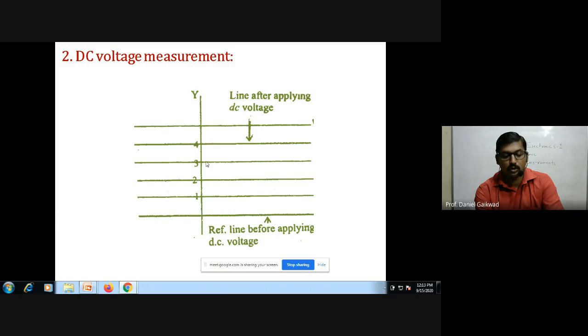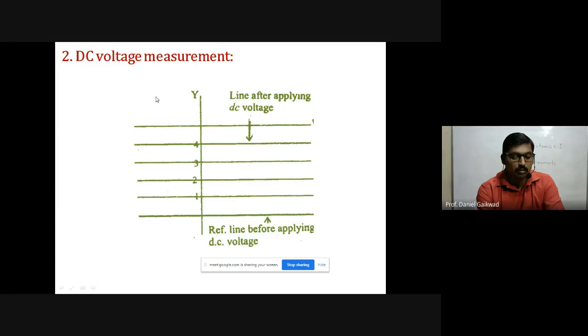So the line after applying DC voltage, that line is the electron beam glow, will be moved from 0 to 4th here. So four divisions we have to count for DC voltage measurement.